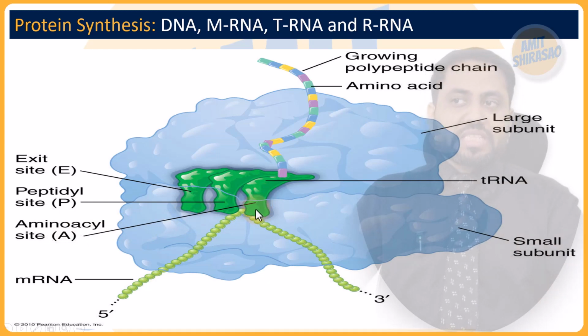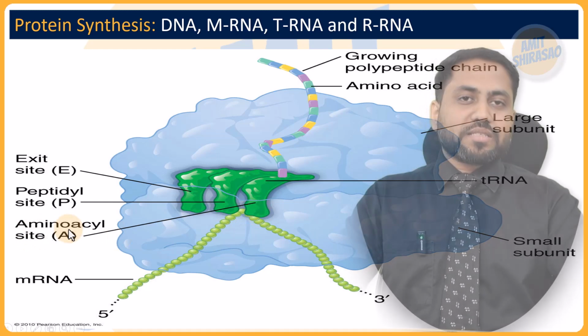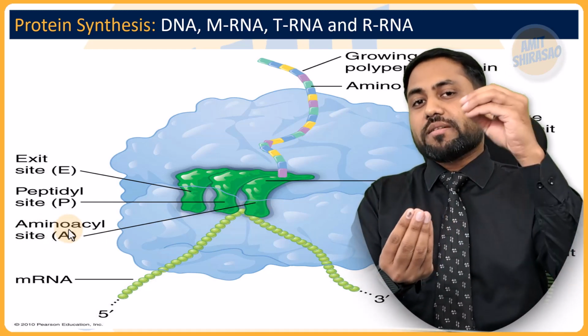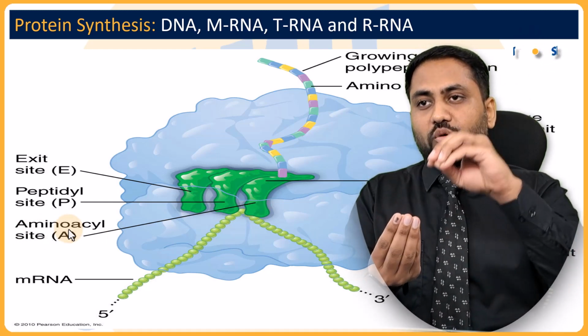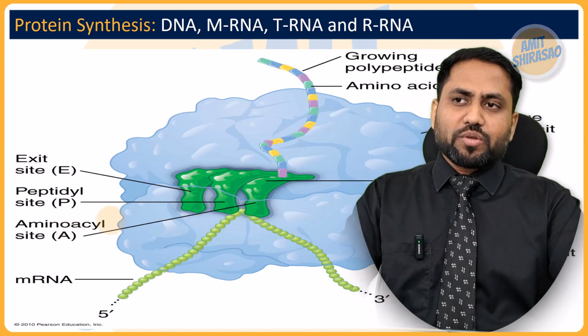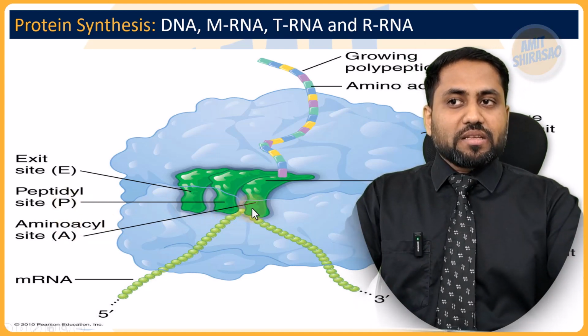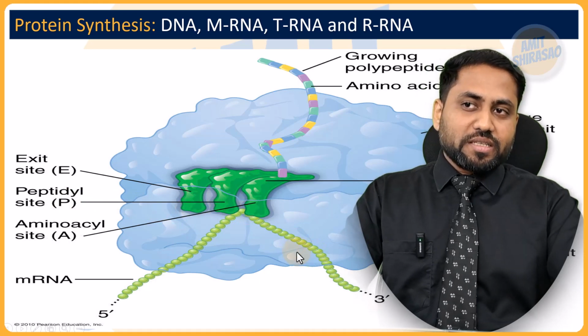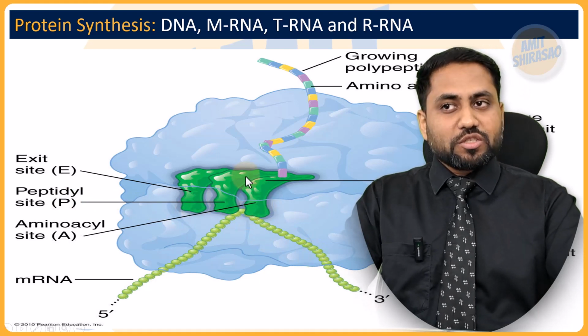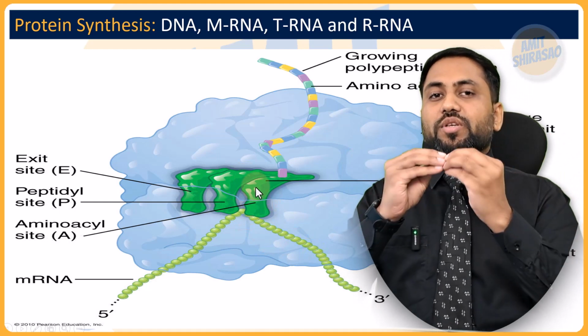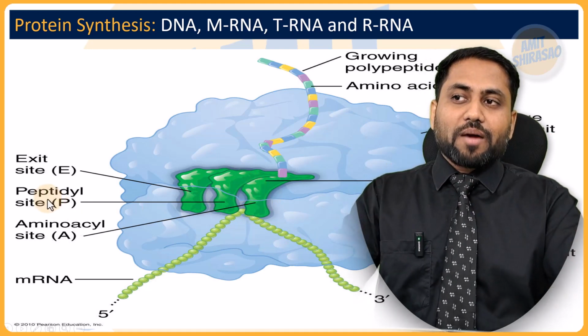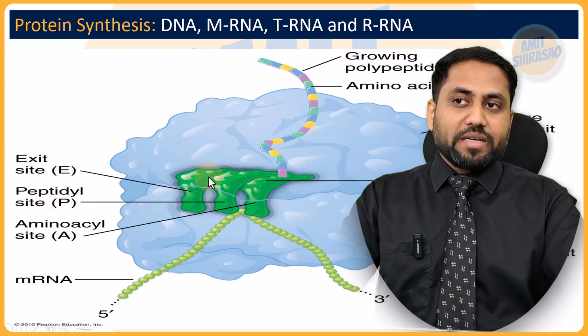This is called the amino acyl site, because the amino acid will get joined over here. I'll tell that in the future also. This is the peptidyl site. Then the second amino acid gets connected, and these two amino acids are connected using a peptide bond. That bonding happens at the peptidyl site, between these two sites.